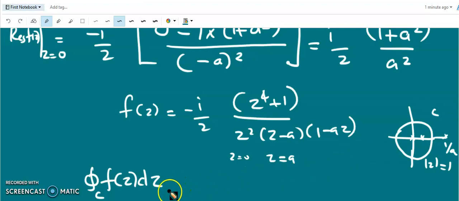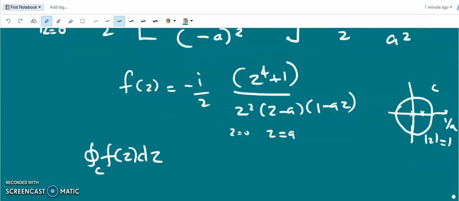So the closed integral of f of z dz is equal to 2 pi i into the sum of all residues.